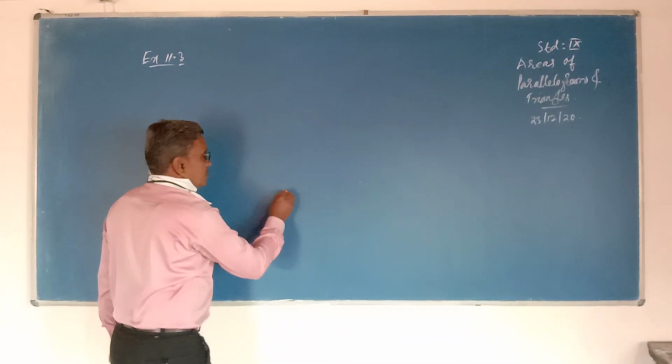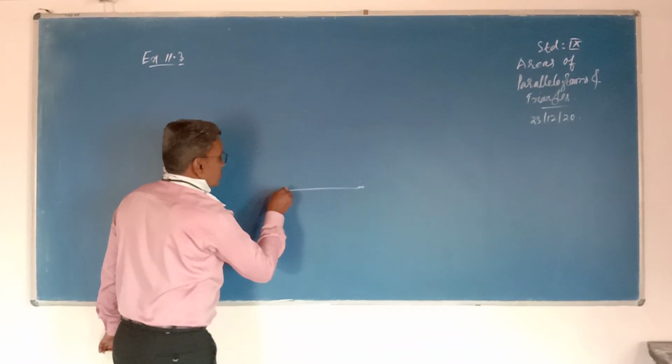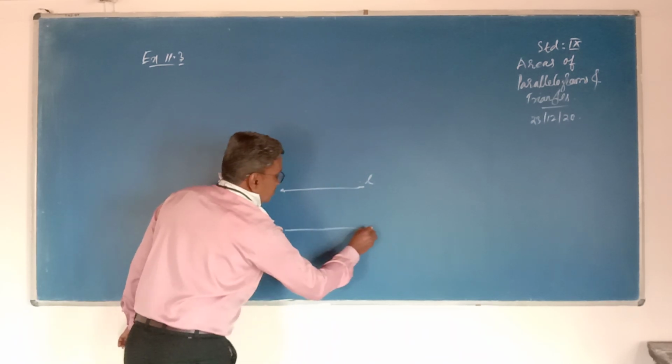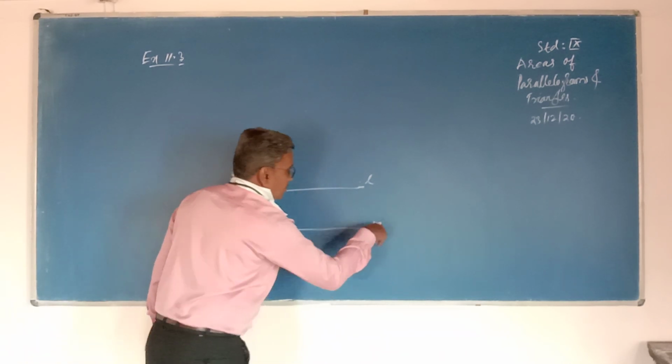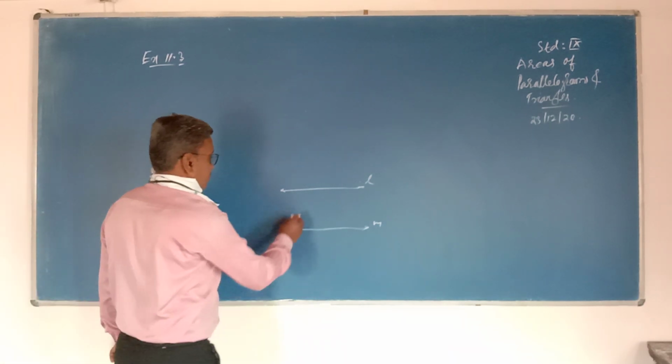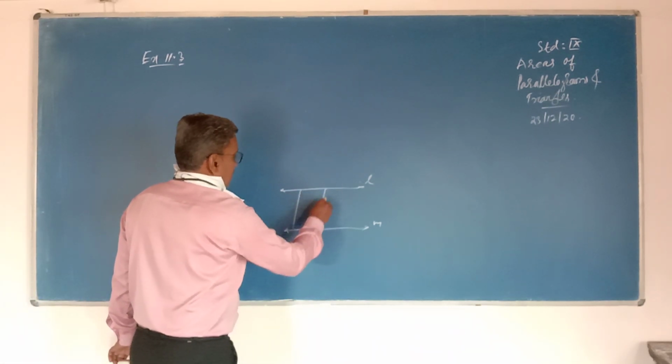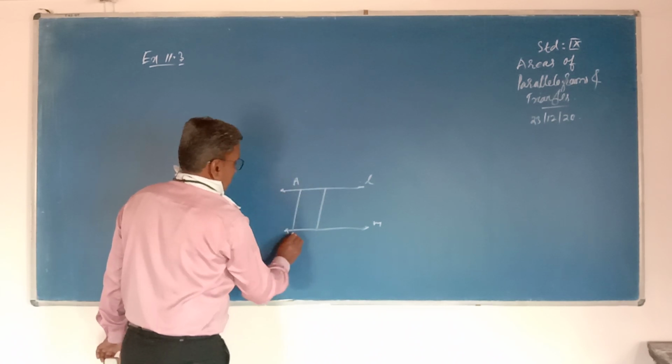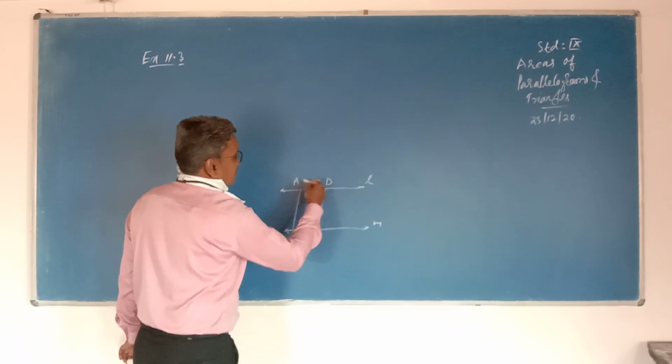Here are two parallel lines L and M. ABCD is a parallelogram. BCEF is also a parallelogram.